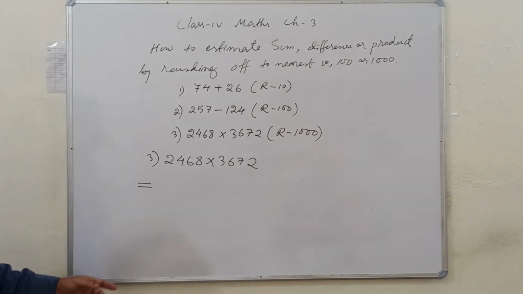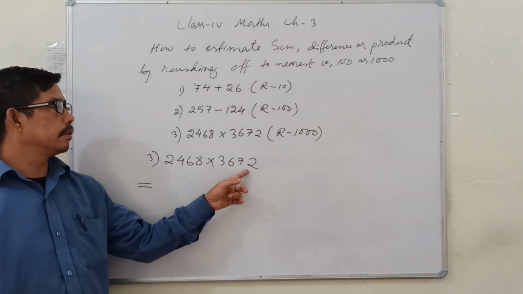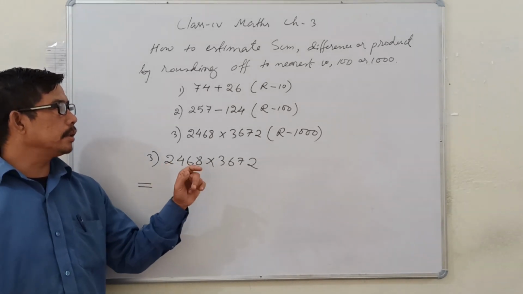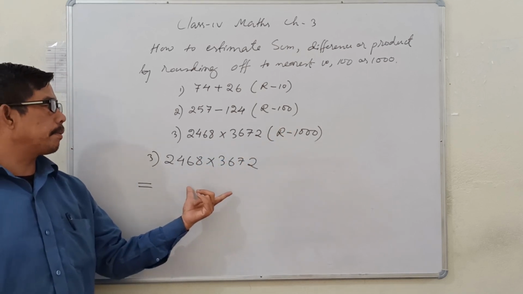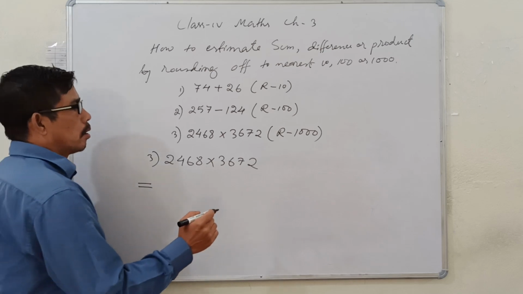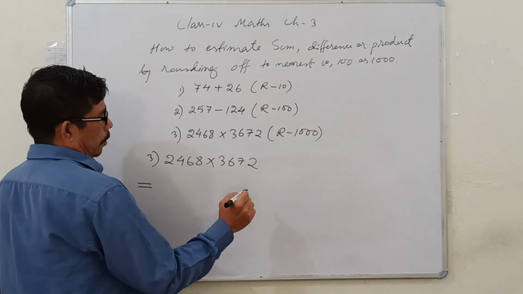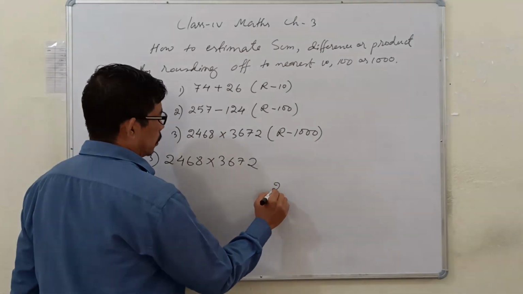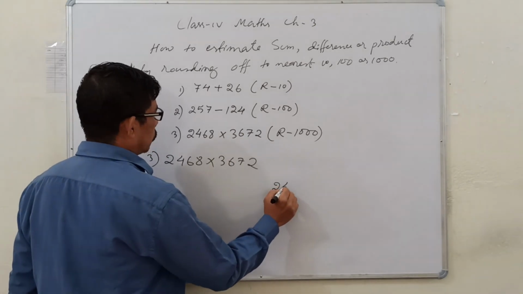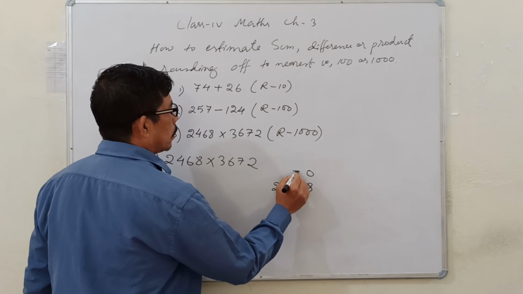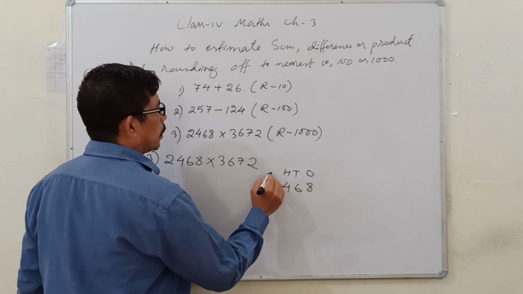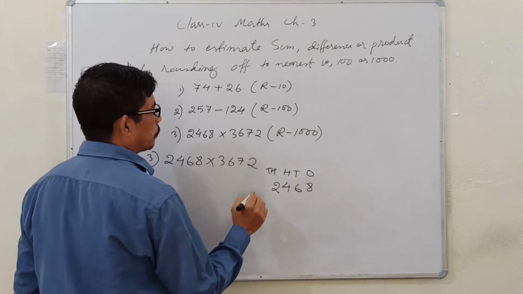Now we have to estimate the product of these two numbers by rounding the two numbers to nearest 1000. So before finding the estimated product, we have to round off the two numbers to nearest 1000. 2, 4, 6, 8. Write the places 1, 10, 100, 1000.